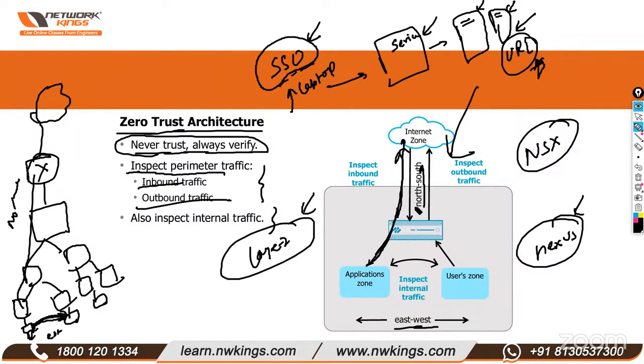That is the reason this east-west and north-south come into the picture. And Palo Alto has a zero trust architecture. We'll talk about how it is. It actually verifies all your traffic going from inside to inside or inside to outside basically.